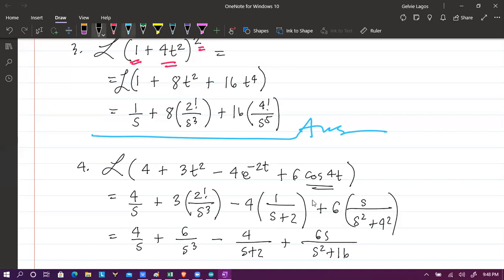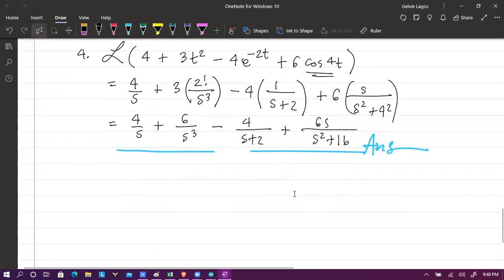So I think this will be your final answer for problem number 4. All right. Now we go to our next example. This time we are going to solve problem number 5.